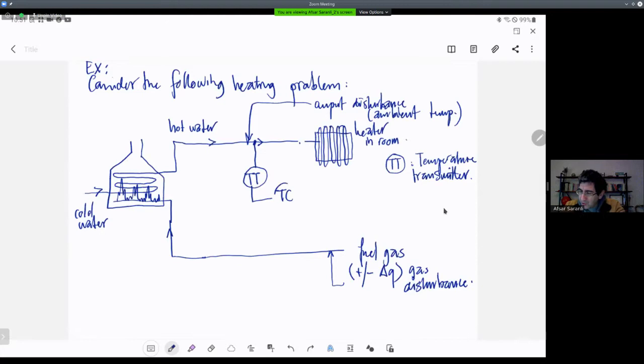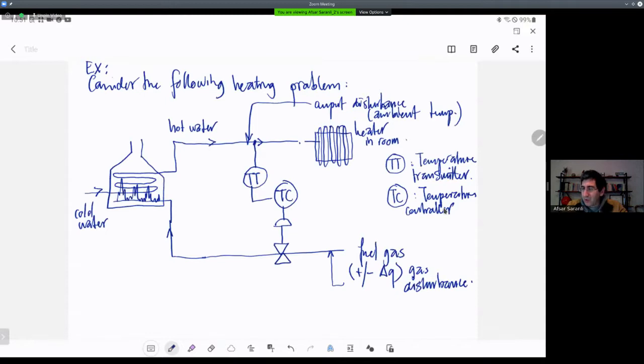A temperature controller. Okay, so TC is temperature controller. Okay, and then this actually drives a valve. Okay, so I believe the notation is like this.